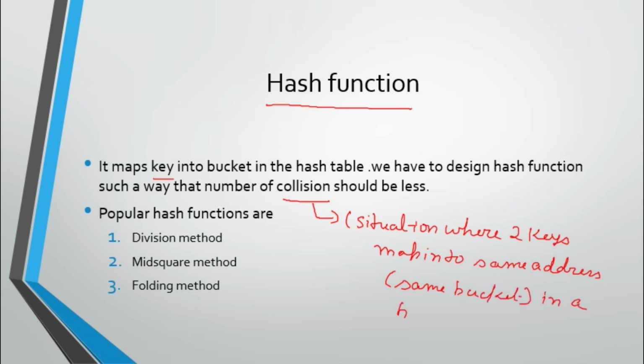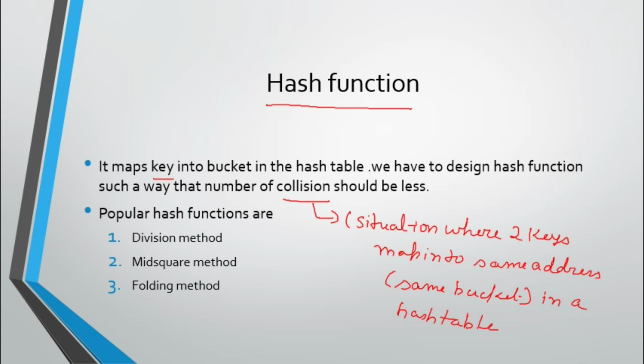So this is once again a problem in static hashing. When this problem comes, we need to handle it also, and for collisions we have some methods to handle them.